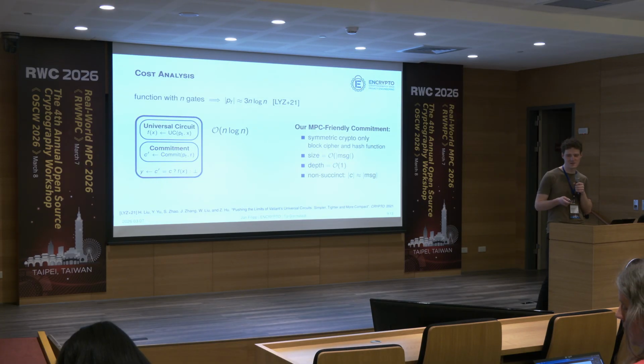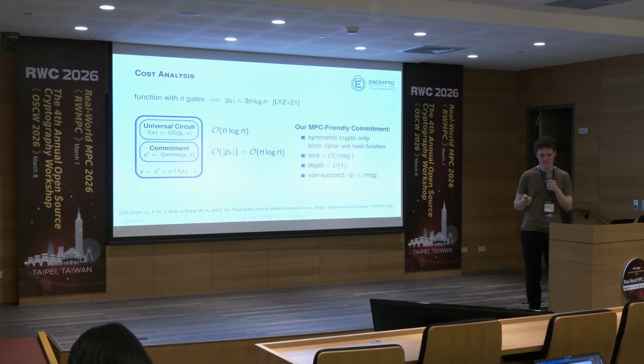It has size linear in its input size and depth being constant. Different than traditional commitment schemes, it's non-succinct, meaning that the commitment is of the size of the message. But therefore, we also get asymptotic communication in the size of n log n.